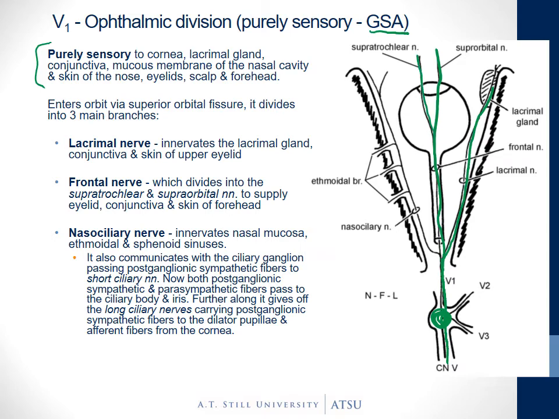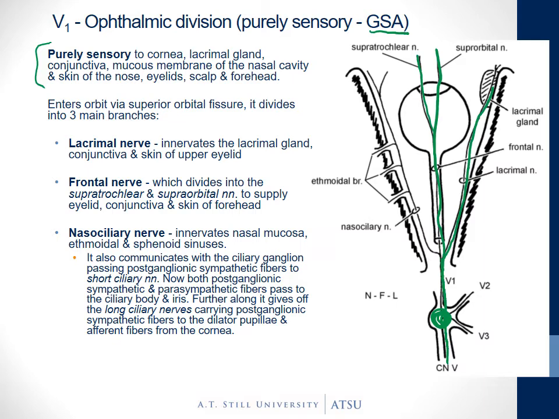So you can see that the supratrochlear and supraorbital nerves are branches of the frontal nerve, which is a fiber of V1. Supratrochlear and supraorbital are going to give general sensation to your eyebrow and forehead. The supratrochlear is going to be more medial, and the supraorbital is going to go straight up.